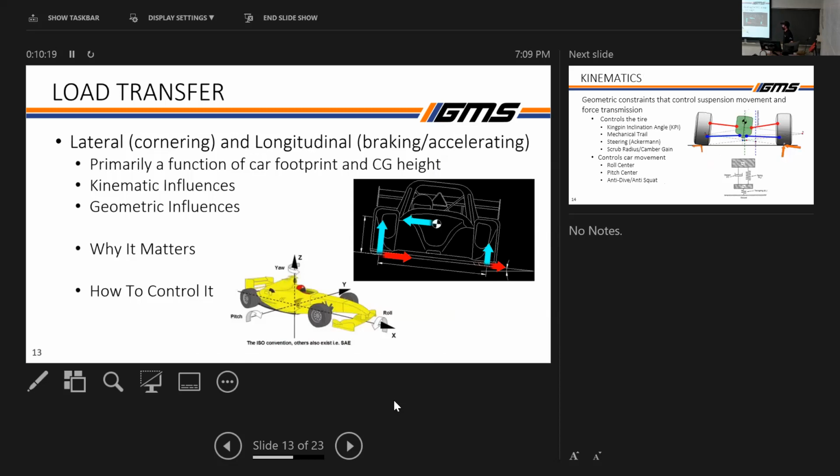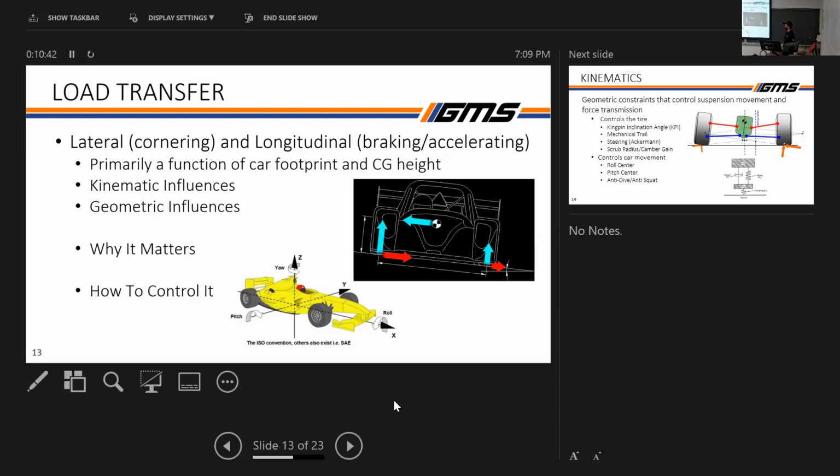All right, so load transfer. This is another important thing we look at when designing the car. Load transfer can happen laterally, which is side to side. We call the x-axis out the front of the car, y-axis out the side, z-axis out the top. Think about it like an airplane, but upside down.